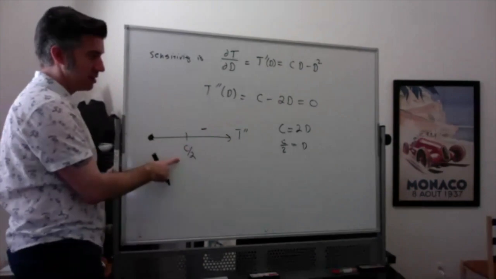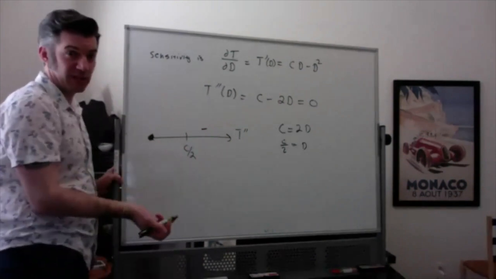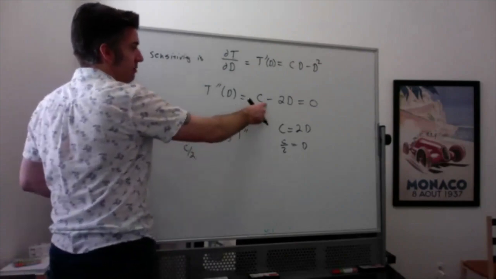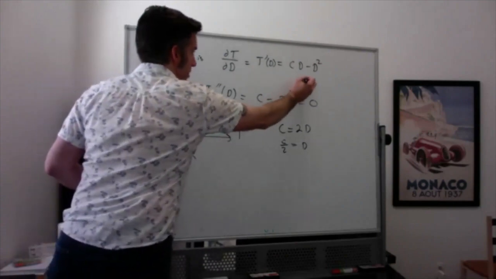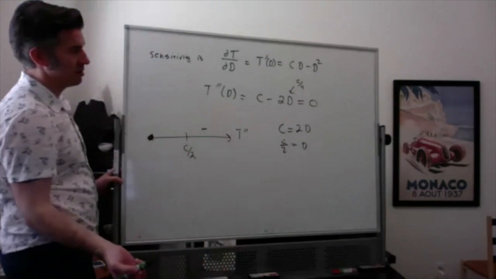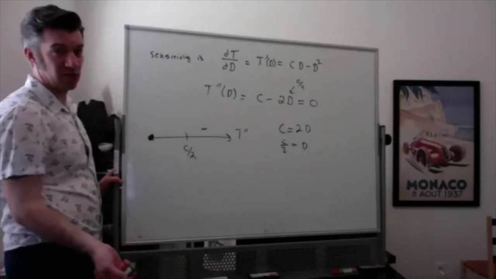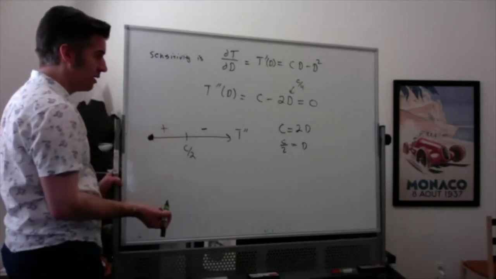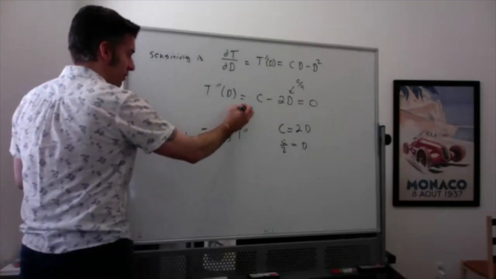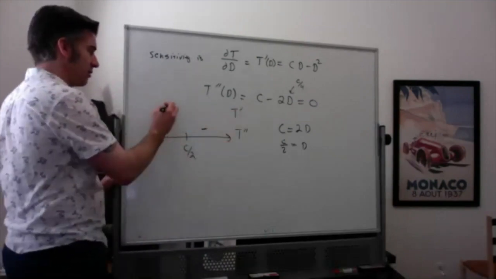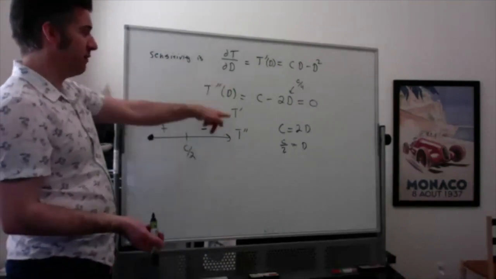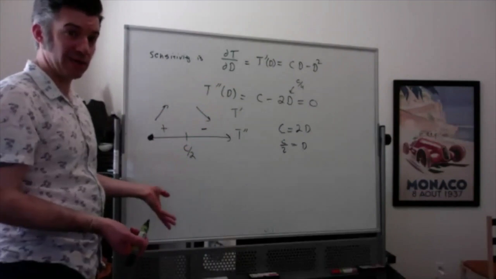Pick a number smaller than C over 2, like C over 4 or C over 10, and plug it in. C minus 2 times C over 4, well, that's C minus C over 2, which is going to be positive C over 2. So it's going to be positive here. That means that my first derivative is increasing over here and decreasing over here. So that means the first derivative has a maximum at C over 2.